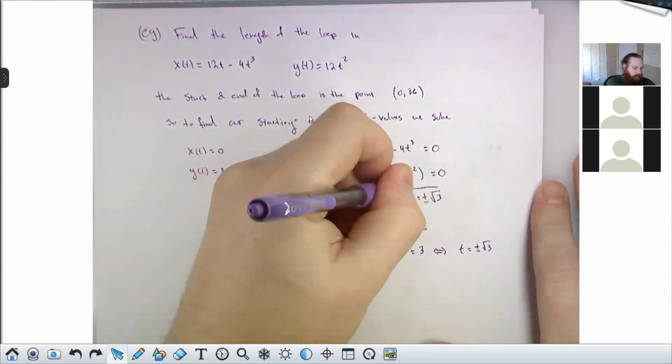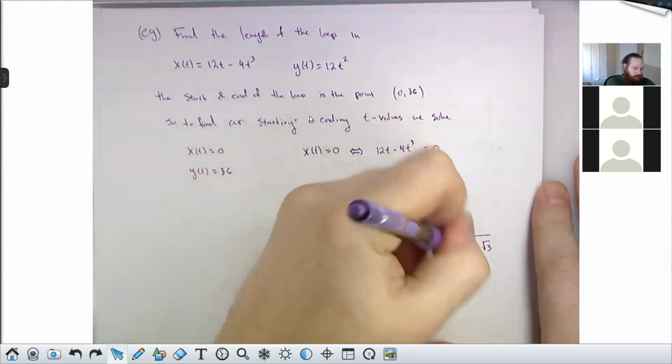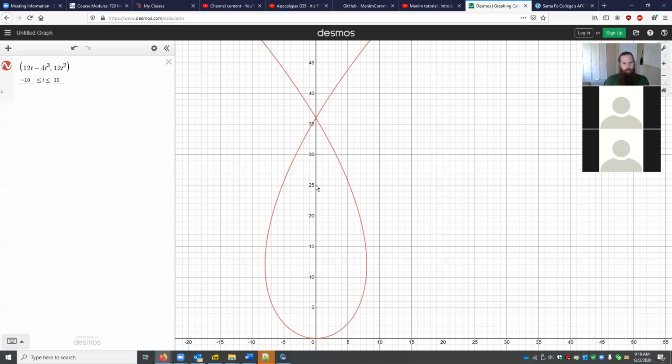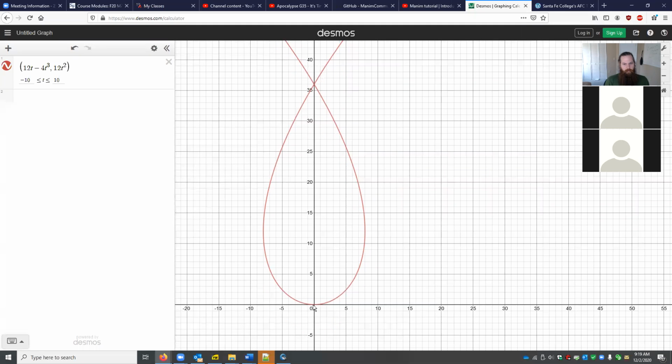So it's these t values that I want. The t equals 0 here is coming from the point at the bottom. This is the t equals 0 point. You come in at t equals negative root 3, here's t equals 0, and then you leave at t equals positive root 3.